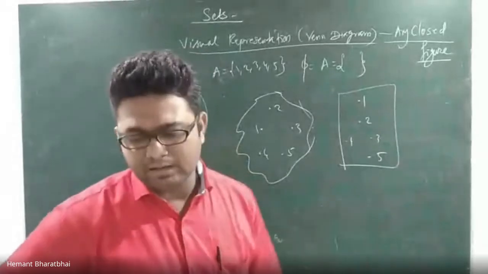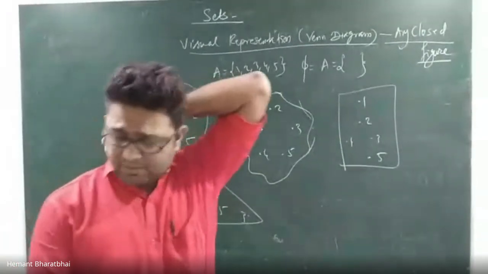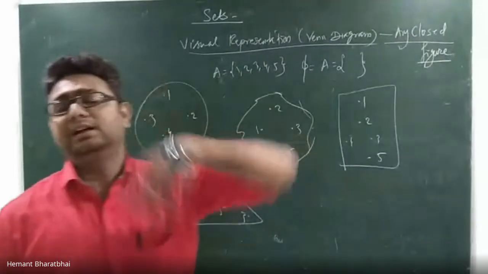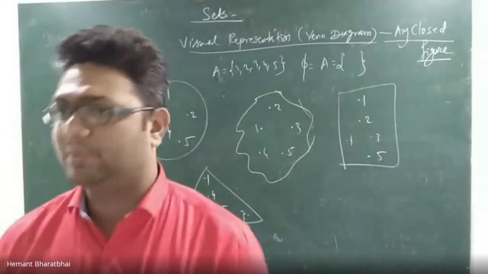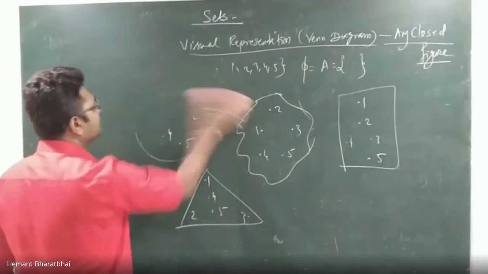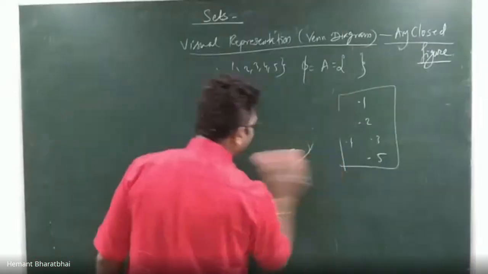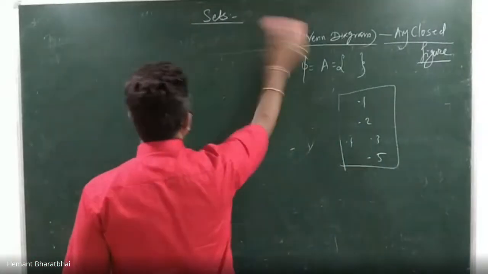Now it may look very simplistic, but we are going to see the operations. I'm going to show both the analytical method and the Venn diagram. The very important thing, where the numericals are going to be, is the operations of the set.